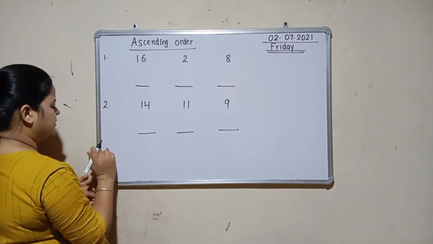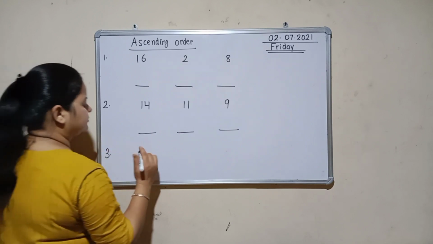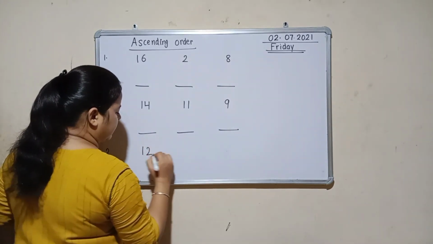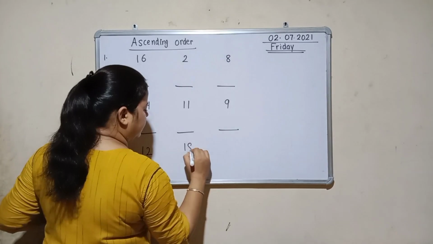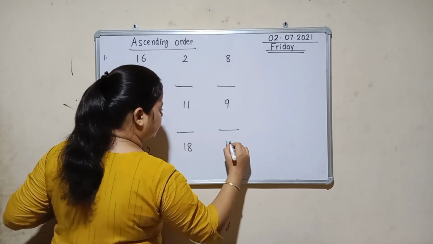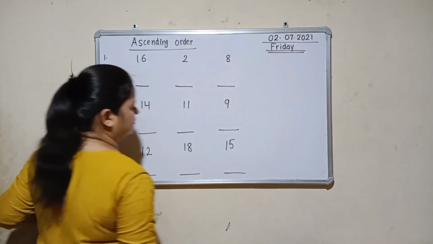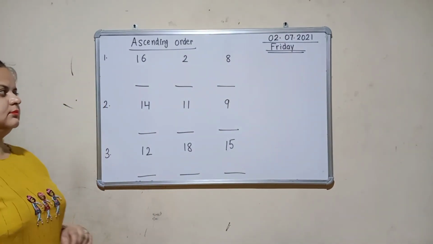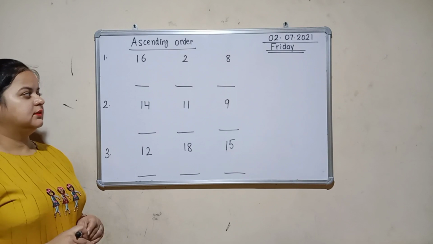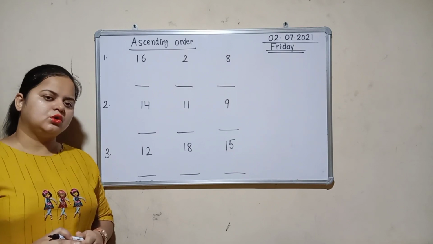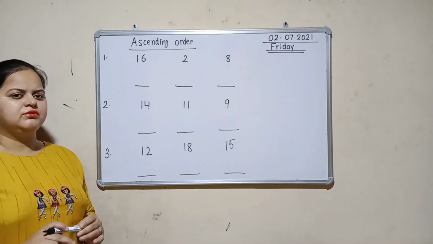And the third sum is 12, 18, 15. Write these same numbers in your notebooks. After that we will do the solution.